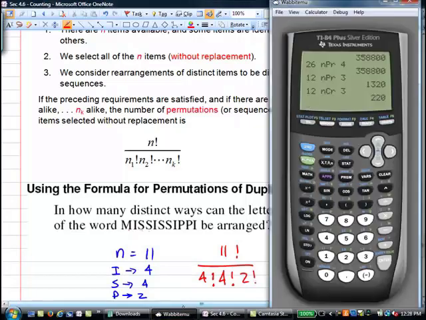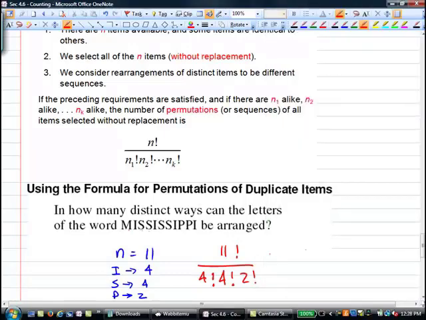And when you put this in your calculator, you want to make sure that you use parentheses carefully. This is 11 factorial divided by, open parentheses, 4 factorial, 4 factorial, and 2 factorial. And we come up with 34,650.